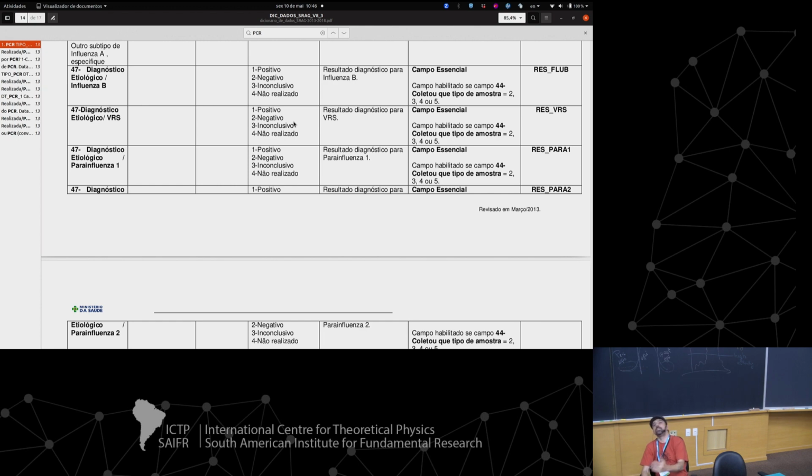So we have no idea what was tested or not. This has an important impact on what you can do with that database, okay? Because you only know those that came back positive. You don't even know what was tested, in fact. This is a limitation. This is a very important limitation, okay?